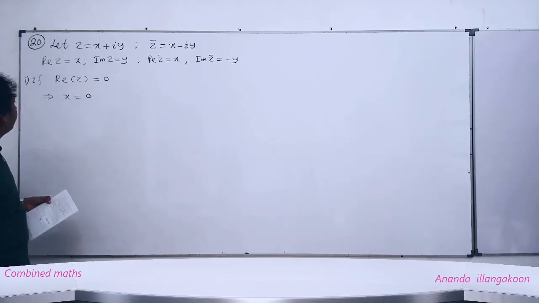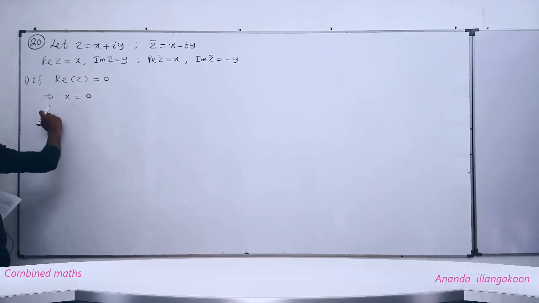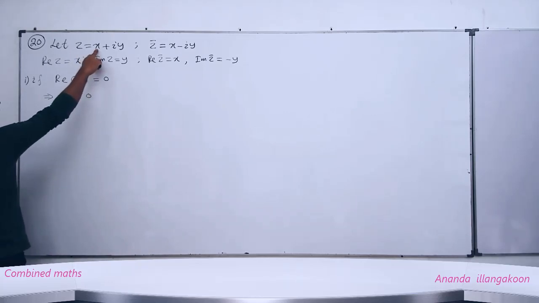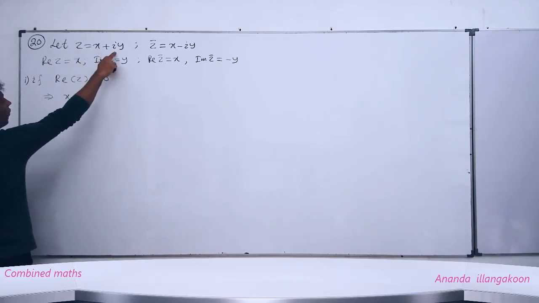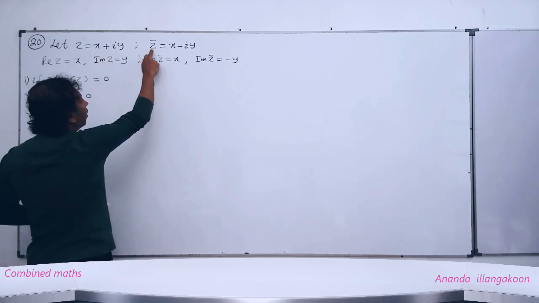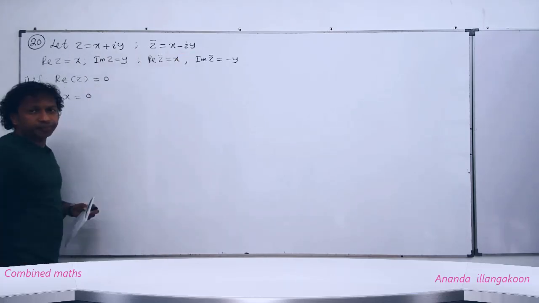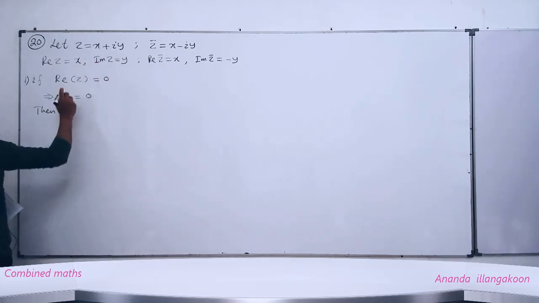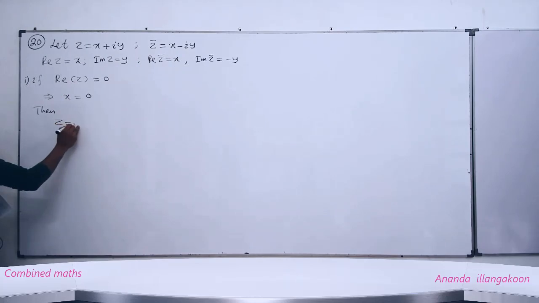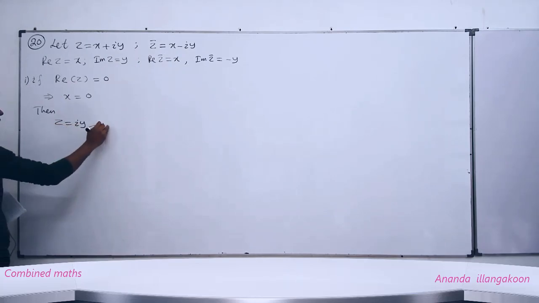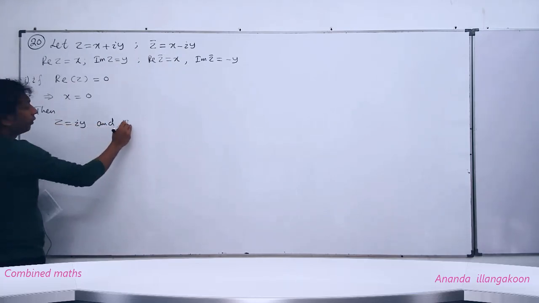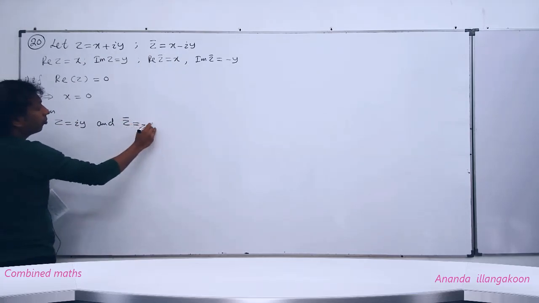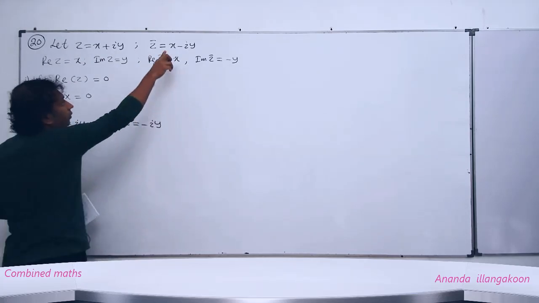People, if x equals 0, what happened to this Z? iy. What happened to this Z bar? Minus iy. Then we can write, if x equals 0 means Z is iy and Z bar is minus iy.